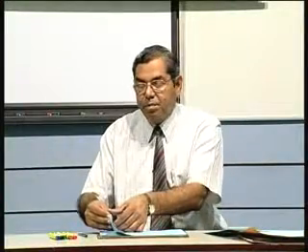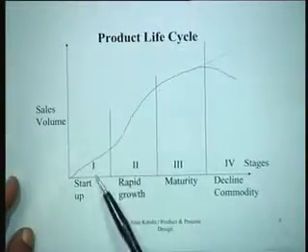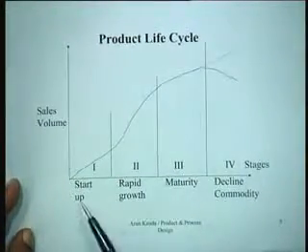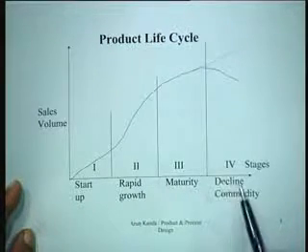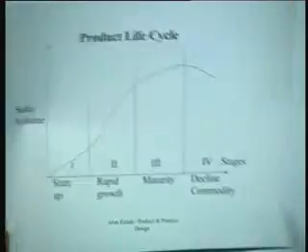Now when we talk about the product life cycle, we have different behavior of the product at different stages, and we can actually look at the characteristics of the product at different stages. We had identified these 4 stages, 1, 2, 3, 4, as startup, rapid growth, maturity, and decline or commodity, as the case may be.